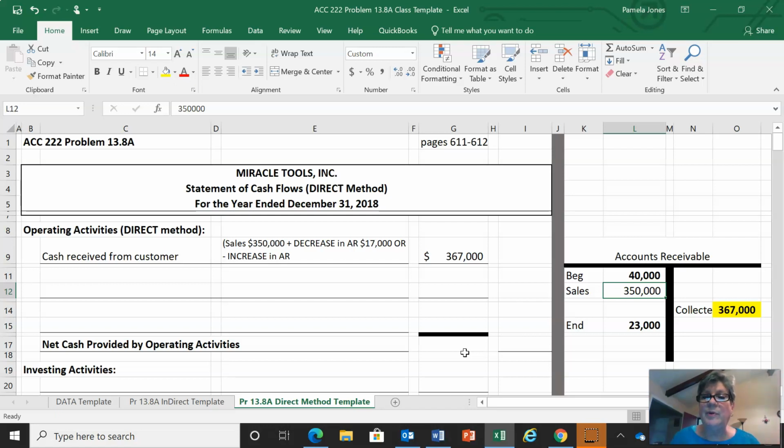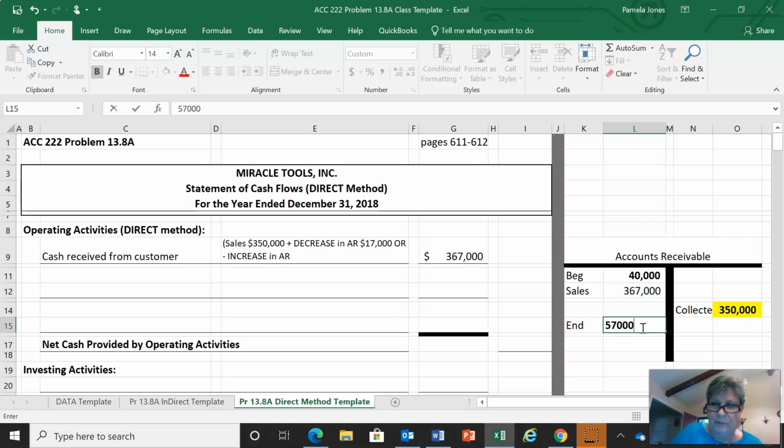And again, the opposite would be true. If we flip these numbers, if sales had been $367,000 and collections had been $350,000, then the ending balance of accounts receivable, so 407 minus 350, would have been $57,000.